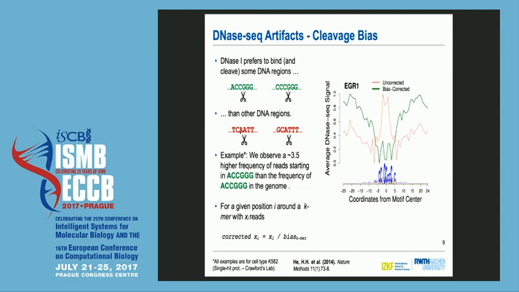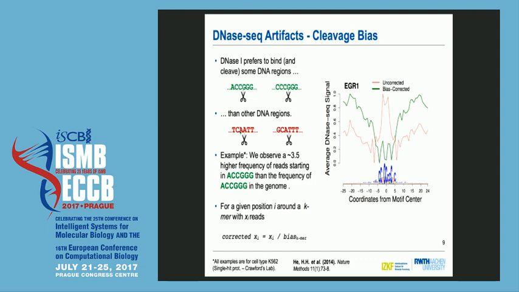If we look at many libraries of DNase-seq, we usually find 3.5 times more reads which are aligned to these schemas, where the read starts in the middle of the schema, than we find these schemas in the genome, frequency-wise. This indicates that for some reason, DNase likes to cut these sequences more.